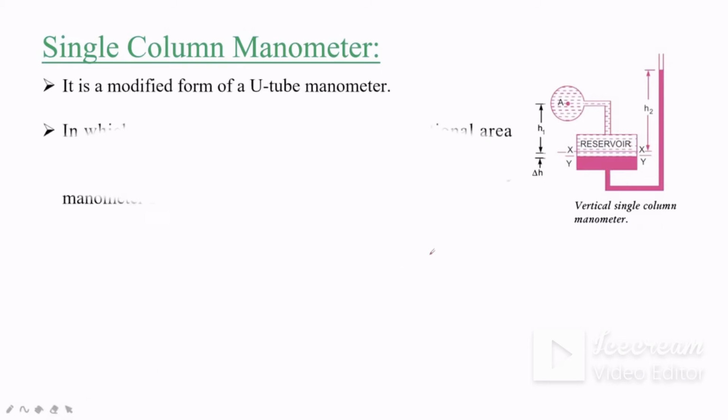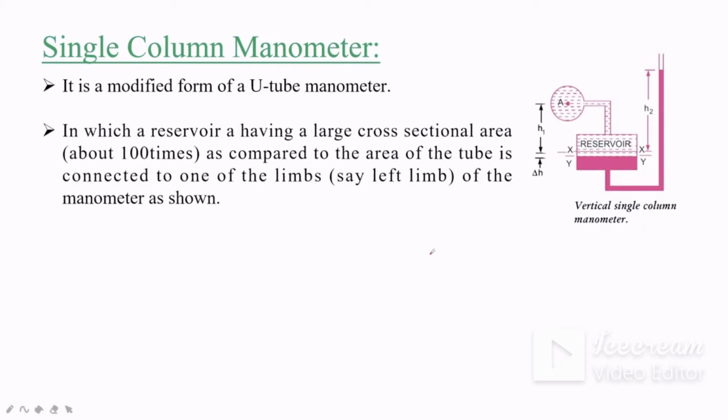It is a modified form of the U-tube manometer in which a reservoir having a large cross-sectional area is connected to one of the limbs.